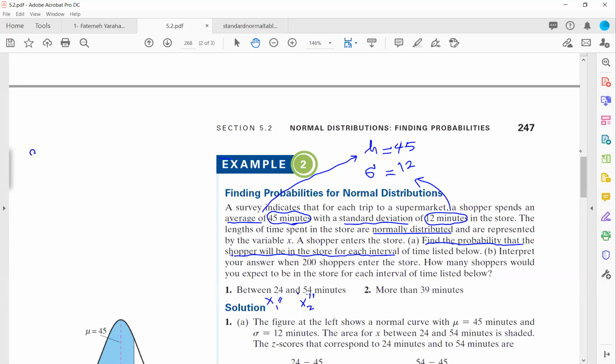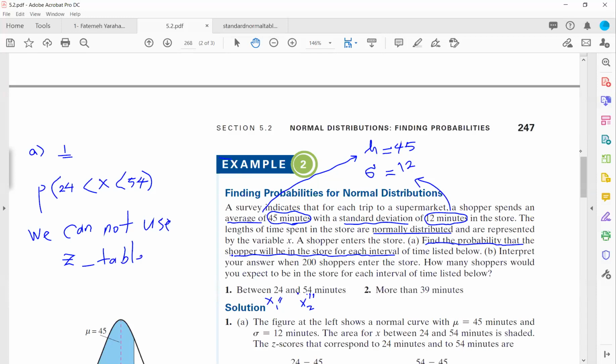Question A, part 1 is asking to find the probability that x is between 24 minutes to 54 minutes. Can we use ZTable? We cannot use ZTable right now. Why?